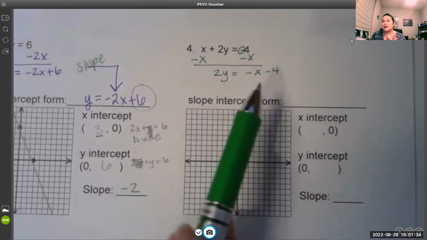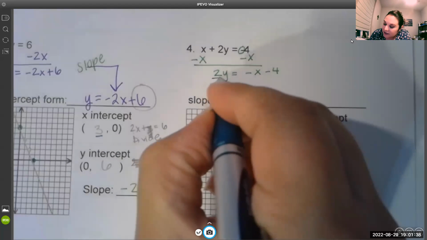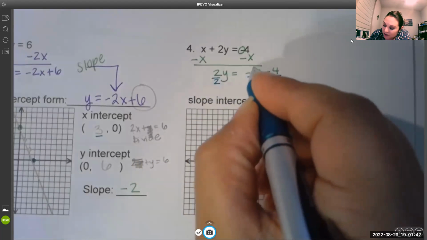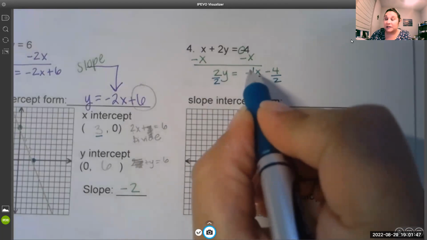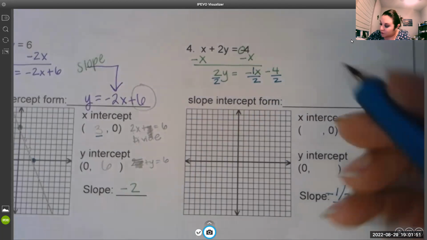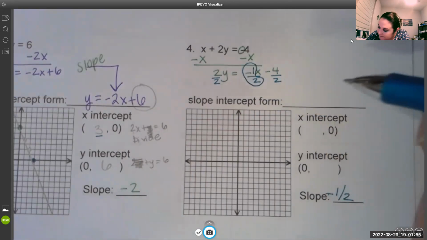So this side has 2 negatives on it. And then when I divide by 2, this one is a little odd because there's no number here to divide, and the lower number does not divide evenly into the top number. So your slope is going to remain whatever this is in front of the x there.